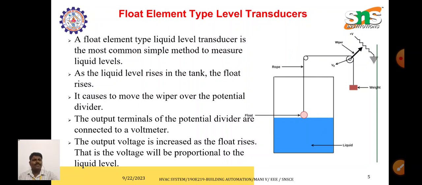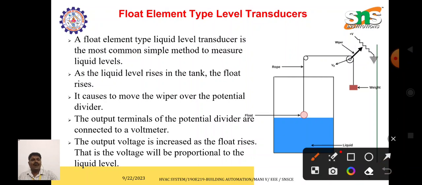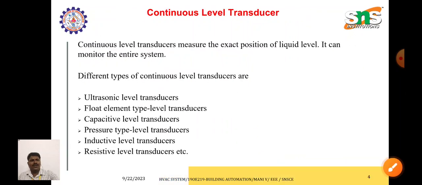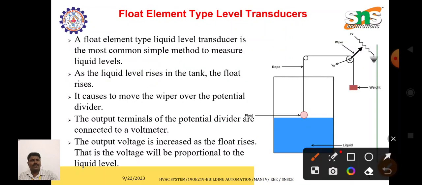So here there is a tank, and in the tank there is some water storage. This is the float element, you can look here. The float element always touches the water.